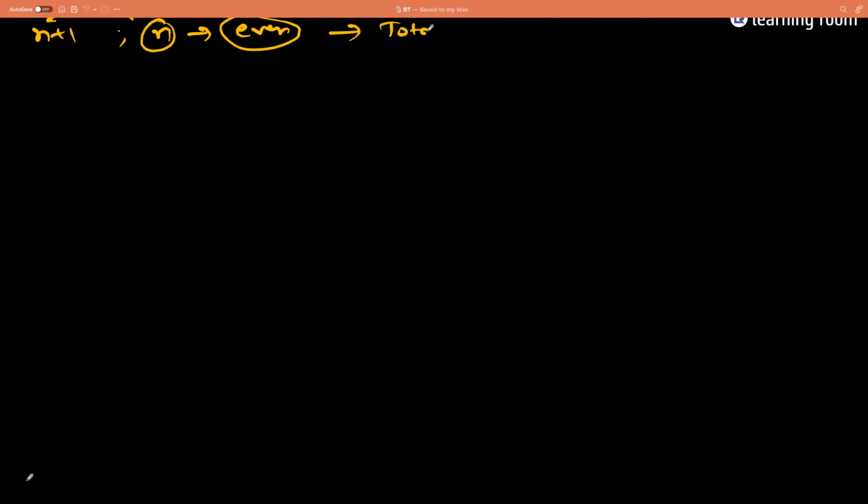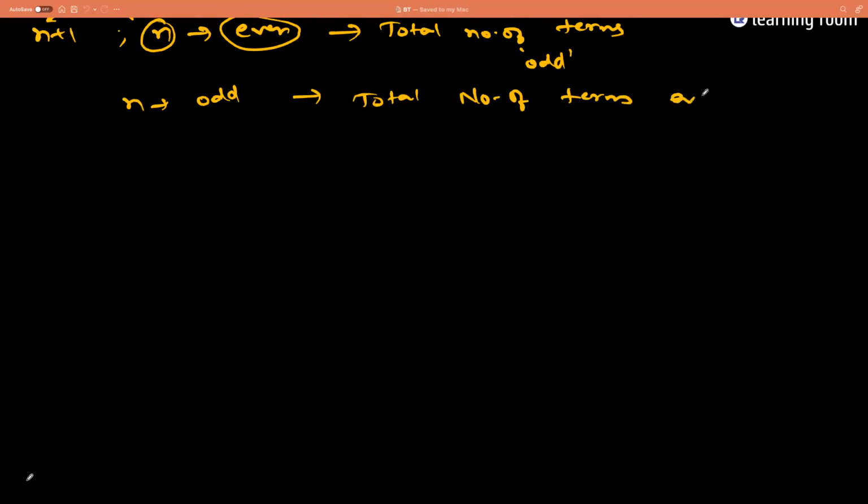The total number of terms will be odd. If I put n as odd, then the total number of terms will be even. Correct? If I have 1, 2, and 3, how many terms are there? 3 terms. So 3 is an odd number.